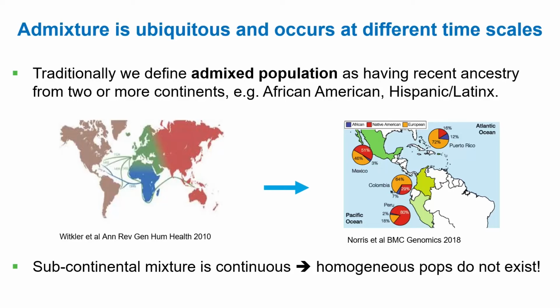But in general, admixture occurs at all sorts of different timescales, all the way from Neanderthal introgression into the ancestors of current-day Europeans and Asians, all the way to current-day admixture of different genetic ancestries within virtually every city worldwide, with people having ancestries from various different genetic sources.